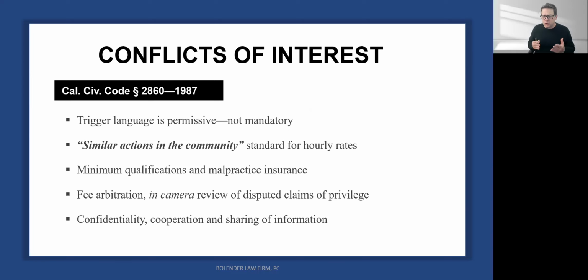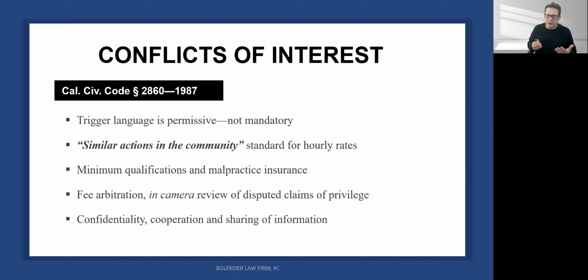So, for example, insurers are permitted to limit the rates that they pay to independent counsel based upon a statutory standard. And if there are disputes regarding fees, certain types of disputes are subject to mandatory arbitration. Now, there's other protections for insurance companies.